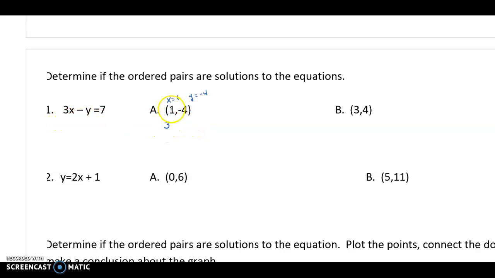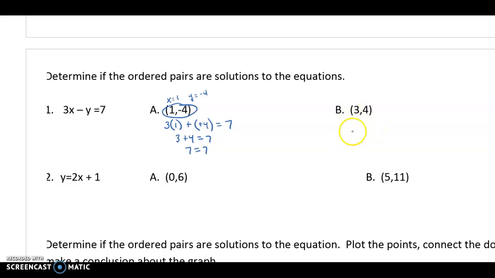So 3, everywhere I see an x, I'm going to replace it with a 1, so 3 times 1, minus, I'm going to replace y with negative 4, and subtracting a negative becomes plus. Is 3 plus 4 equal to 7? Yes, therefore that point is on the line, or a solution to the equation.